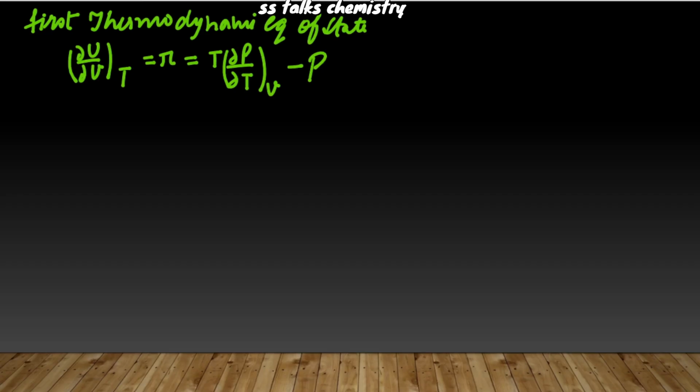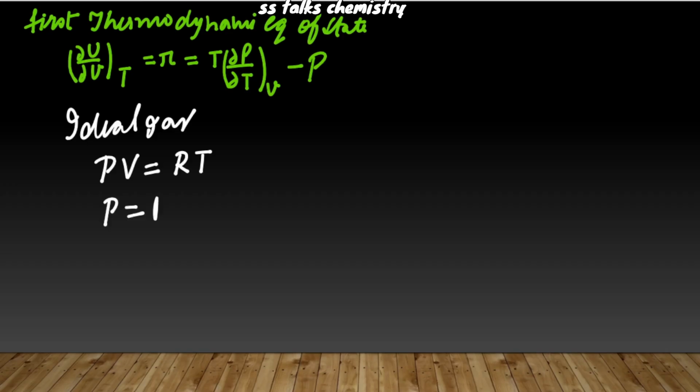Right. So now we are talking about ideal gases. For ideal gases, PV is equal to RT if we are taking 1 mole of the gas. So from this, the pressure is RT upon the volume.